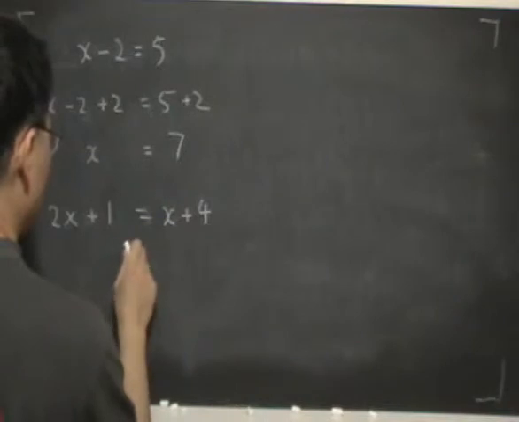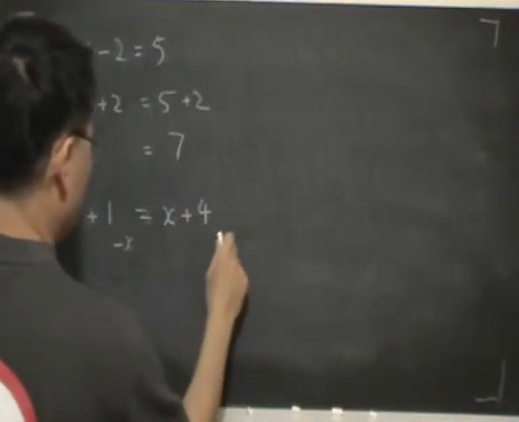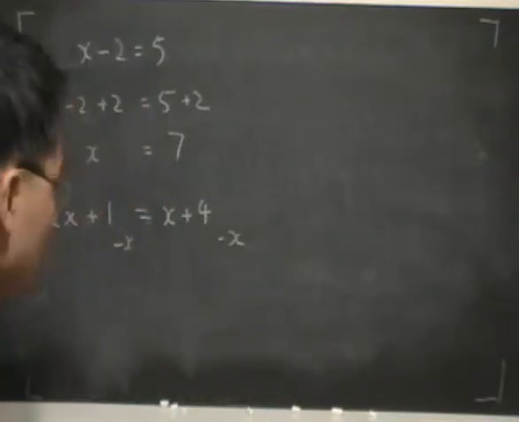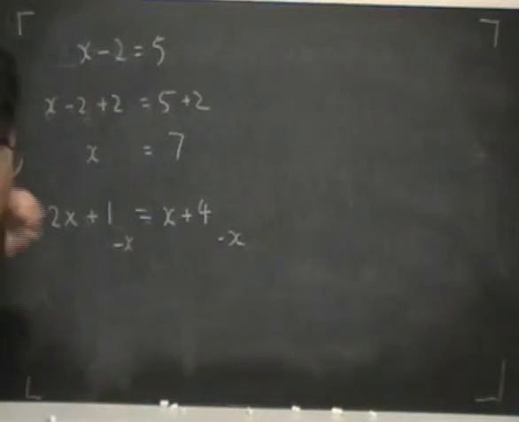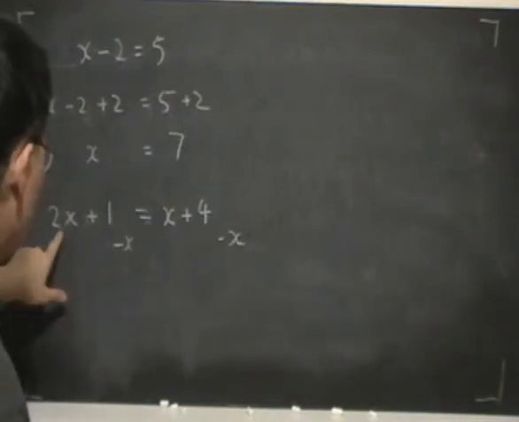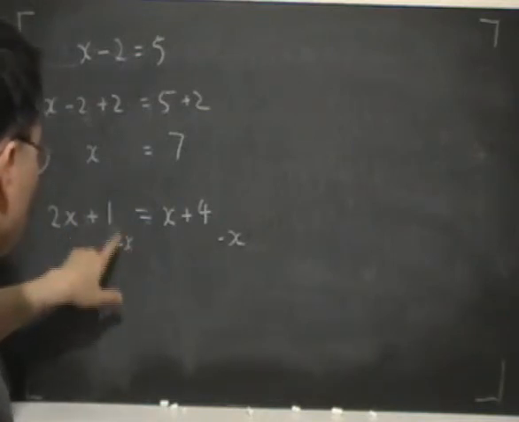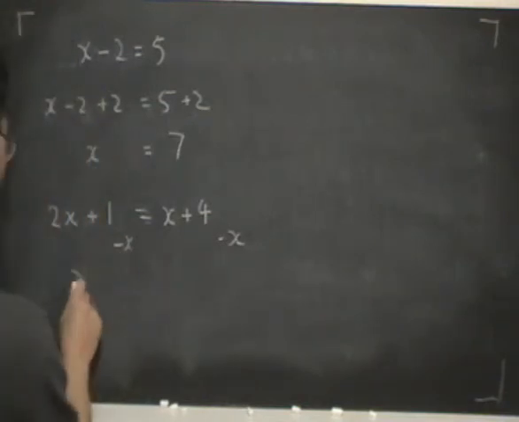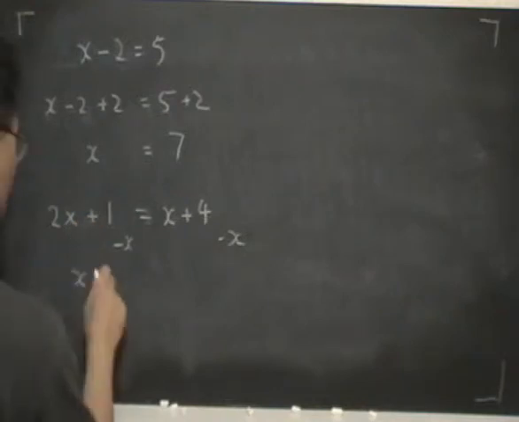Right, I'm just going to write a minus x next to it to save me having to write out everything. So on the left side, I'll have 2x plus 1 minus x. Okay, I can do 2x minus x to give x plus 1.